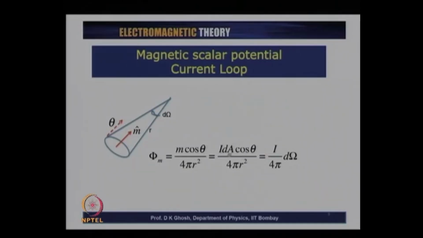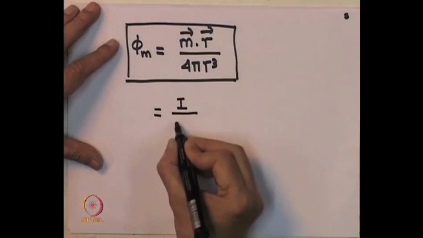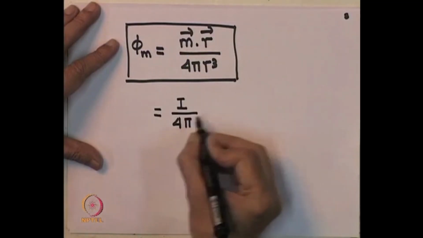So, I write this as I times d a, that is my magnetic moment. Therefore, this quantity can be written as I by 4 pi, because you have d a cos theta by r square, which is nothing but this solid angle d omega. So, as a result, this phi m can also be written as equal to I by 4 pi, I is the current passing in that loop, times d omega.